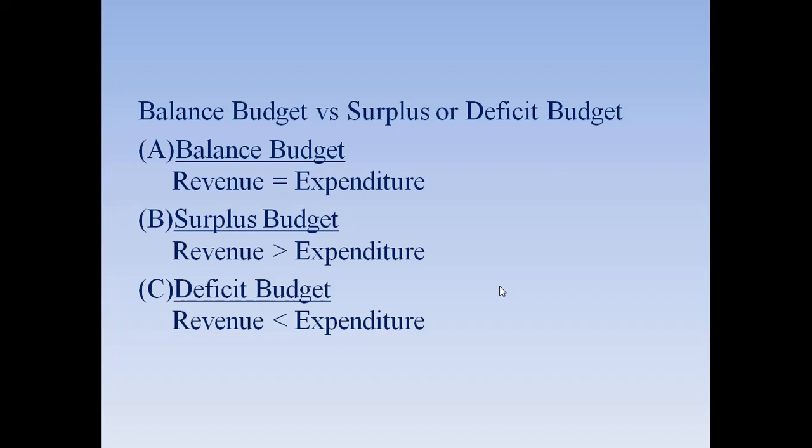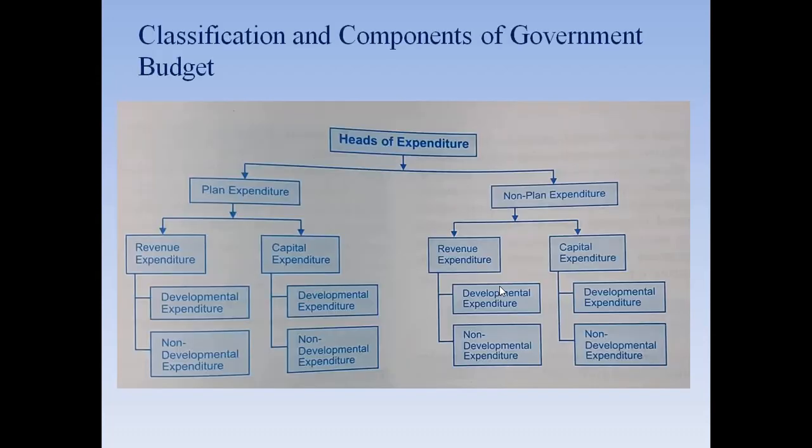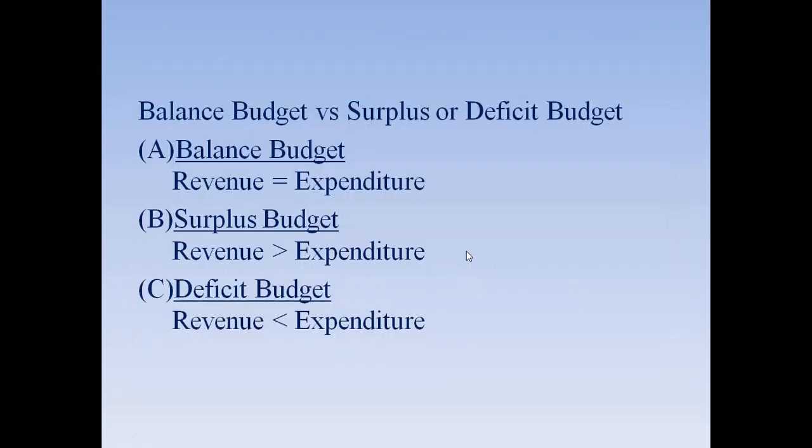By revenue, we mean the income, so don't get confused with the term. In economics, by revenue, we mean income in simple language. A budget can be called a balanced budget when revenue is equal to the expenditure.